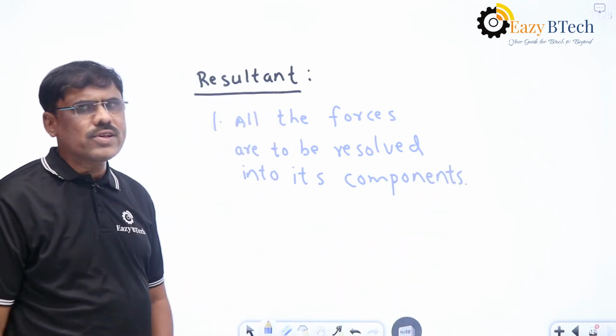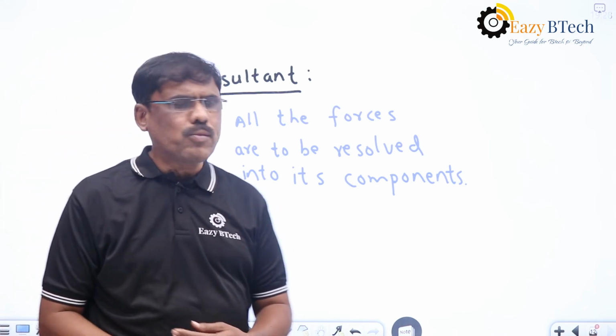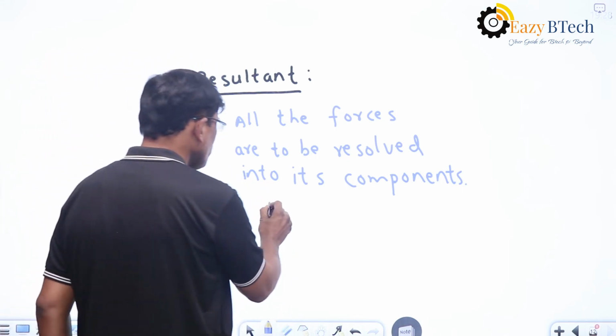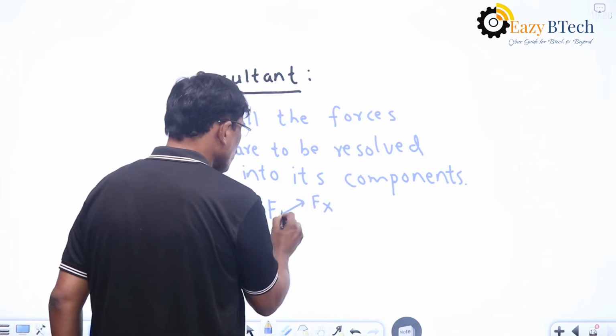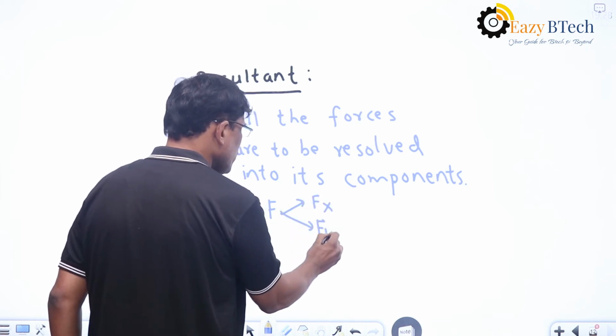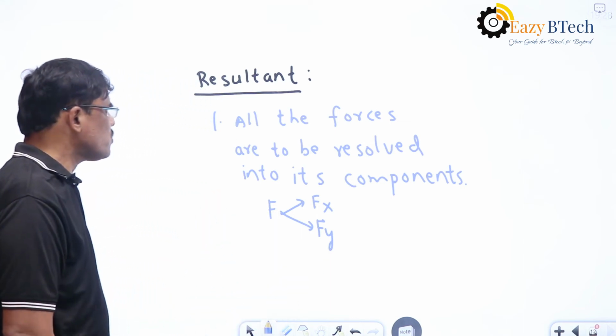All the forces are to be resolved into their components. That means F is to be divided into its components along the x and y axes. This is the first step.